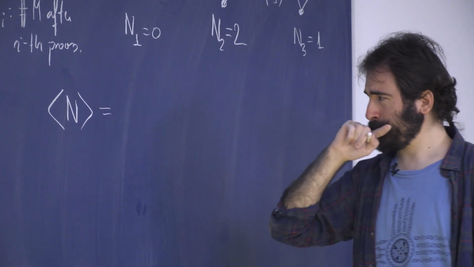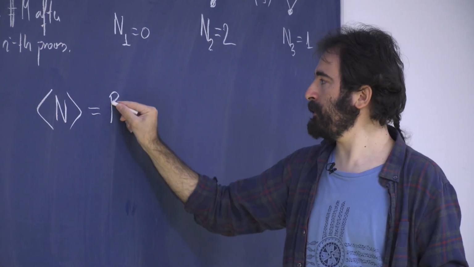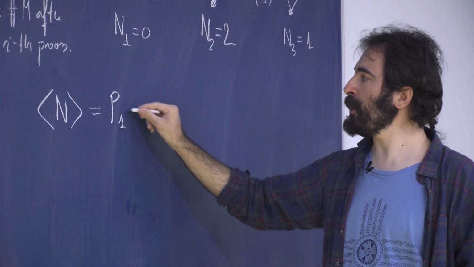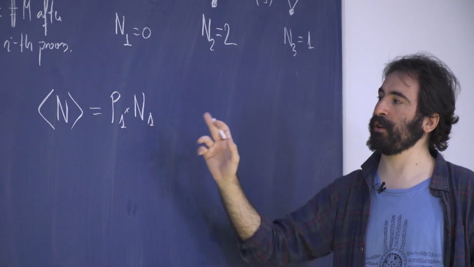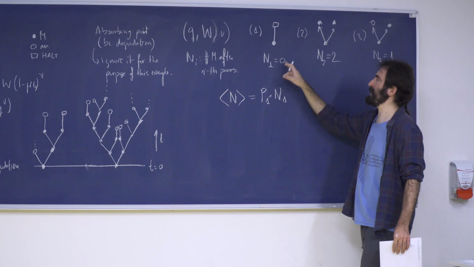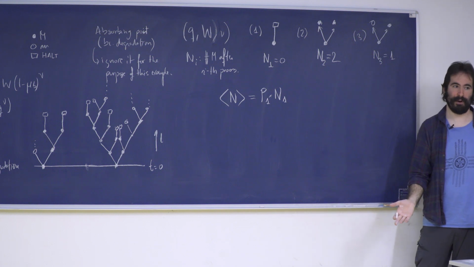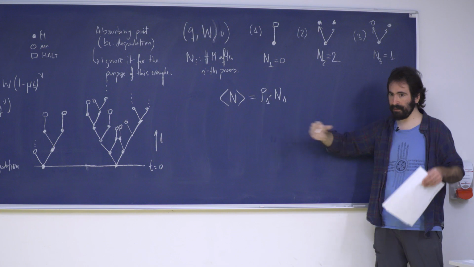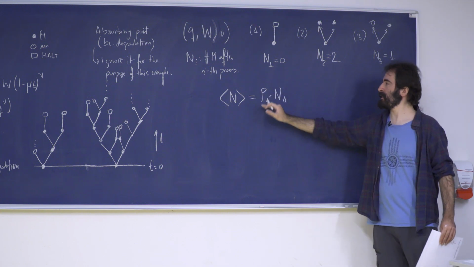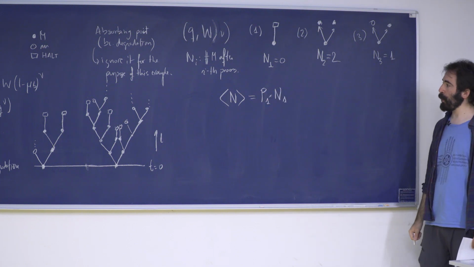Well, we know that with probability p sub 1, you're going to end up having n sub 1 master sequences, which corresponds to the process 1. Remember this is actually 0, so you end up having 0 master sequences. But this is only weighted by probability sub 1.